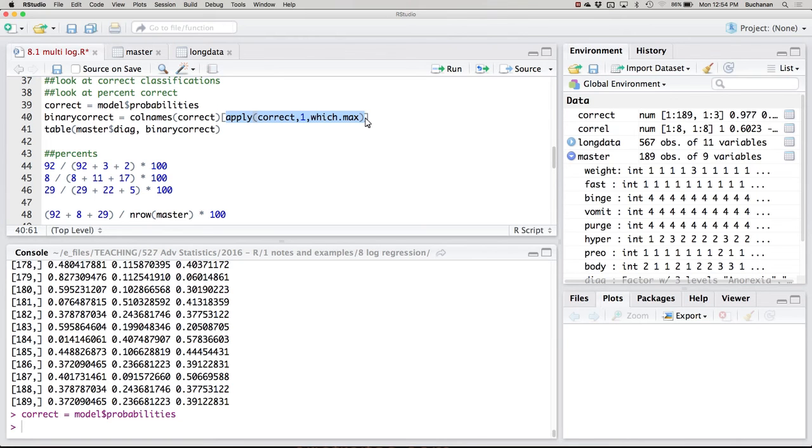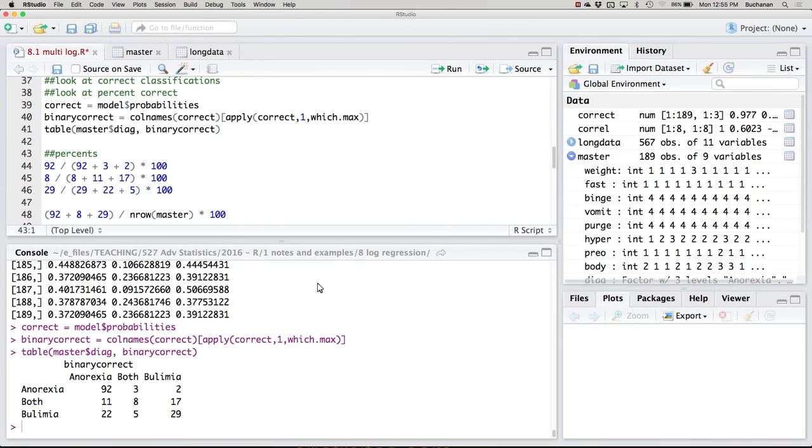So which max is, which column is the max. And we've actually been using column names when the data set doesn't import correctly. So it's a combination of two things that we've used before, and thank you Stack Overflow for answering that question. How do I figure out column names? So it figures out which column is the max, 1, 2, or 3, and then it figures out the column name that goes with that. Okay. The only thing you would have to change is if you decided not to call it correct. So as long as it's called correct here, it'll be fine here.